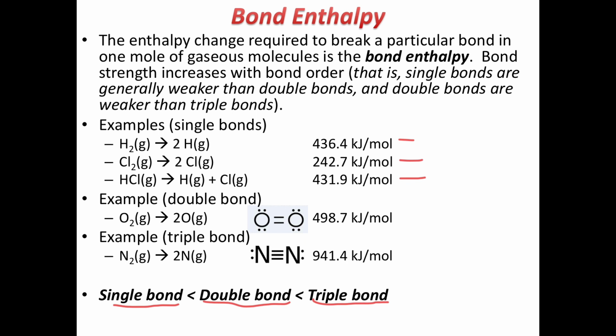Now let's look at a double bond. The double bond in oxygen takes 498.7 kilojoules to divide it up into 2 oxygen atoms. And here's a triple bond. In nitrogen, it takes 941.4 kilojoules to divide the nitrogen molecule into 2 nitrogen atoms.